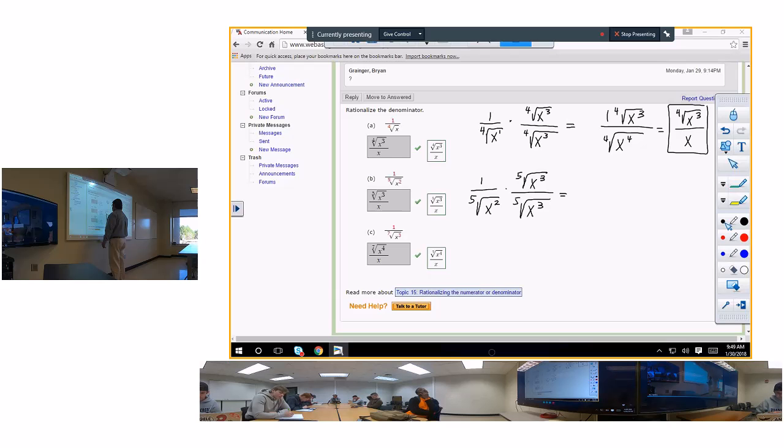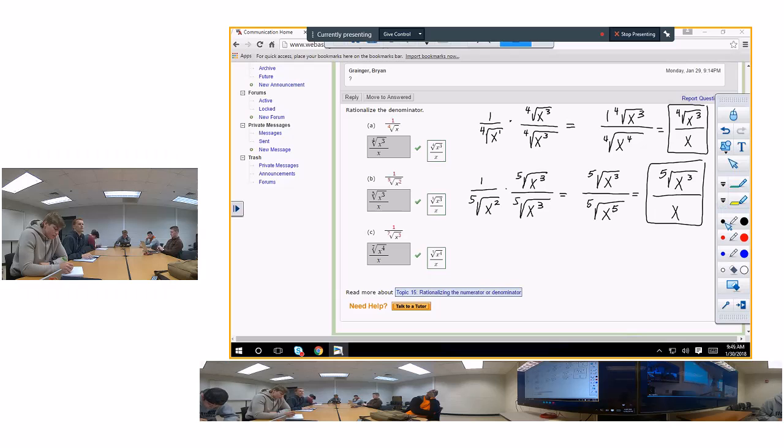So that's going to be the 5th root of x cubed over the 5th root of x to the 5th. And that's equal to the 5th root of x cubed over the 5th root of x to the 5th, which is x.